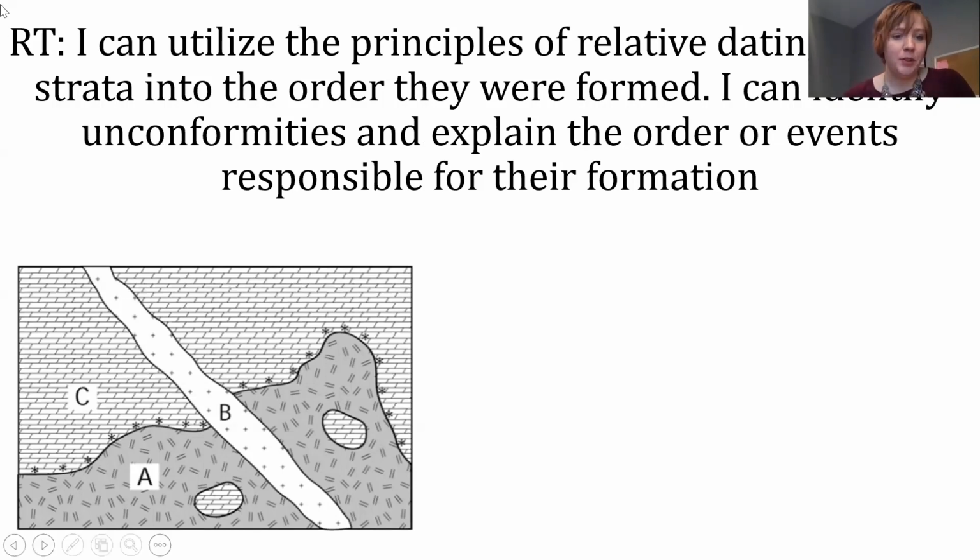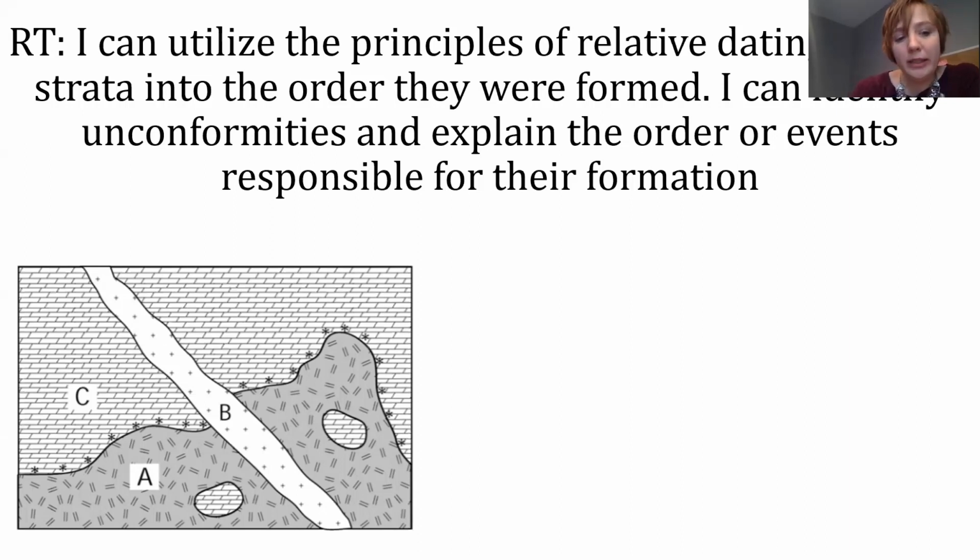Principle of inclusion. Okay, so those little inclusions that you can see, there's little bits of rock C inside of rock A, and that's an inclusion. So that tells us that C has to be older than A.